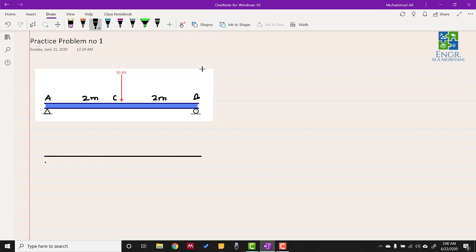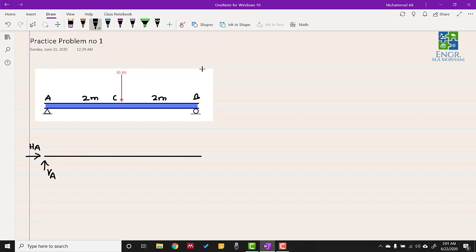Since at point A we have a pin support, we know that we can represent the pin support with the equivalent of two loads: one vertical load, which we will call VA because it is a vertical load acting at a point, and a horizontal load, which we will name HA.